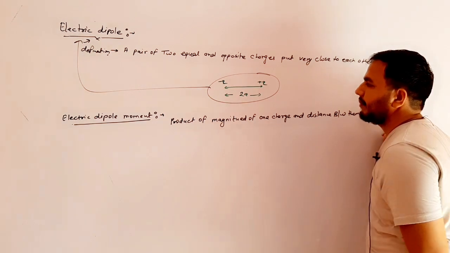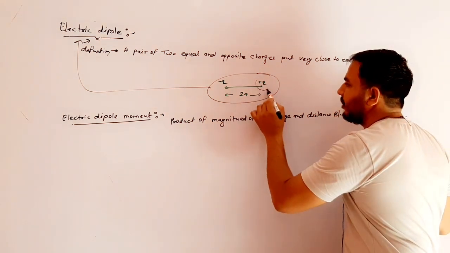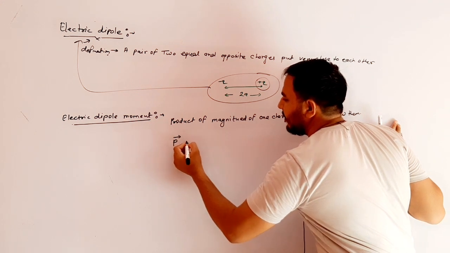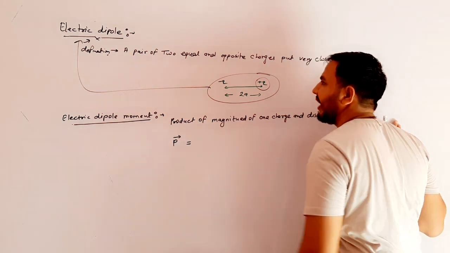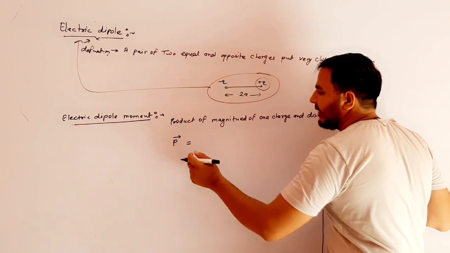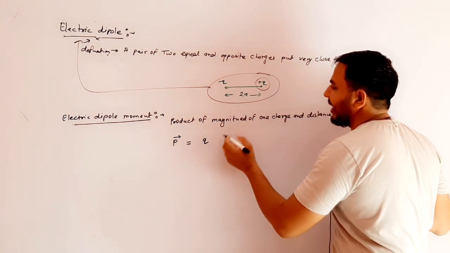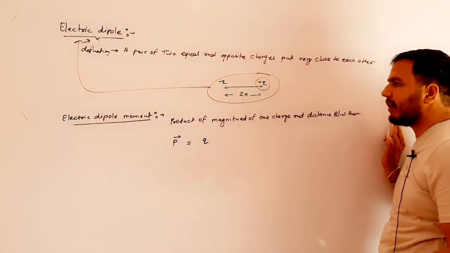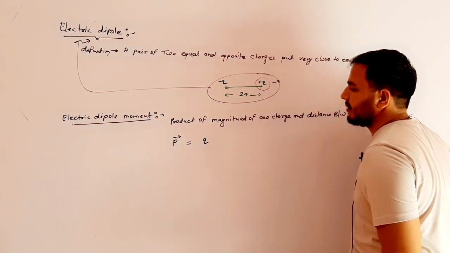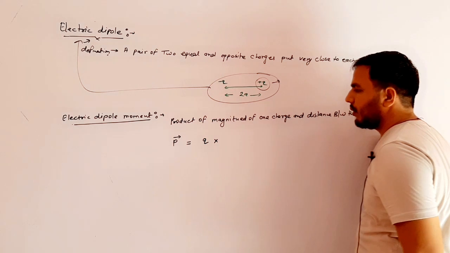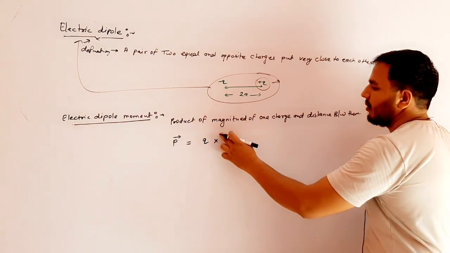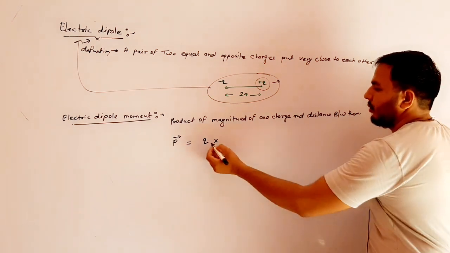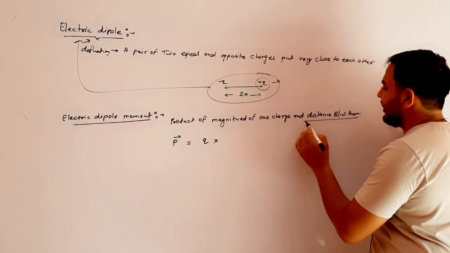From the diagram, we take the magnitude of the plus q charge. It is represented by p vector. It is a vector quantity. P vector is equal to the magnitude of a charge. Magnitude is always positive, so we take the positive charge into, here this is not a cross product, it is a simple product, q into the distance between them.